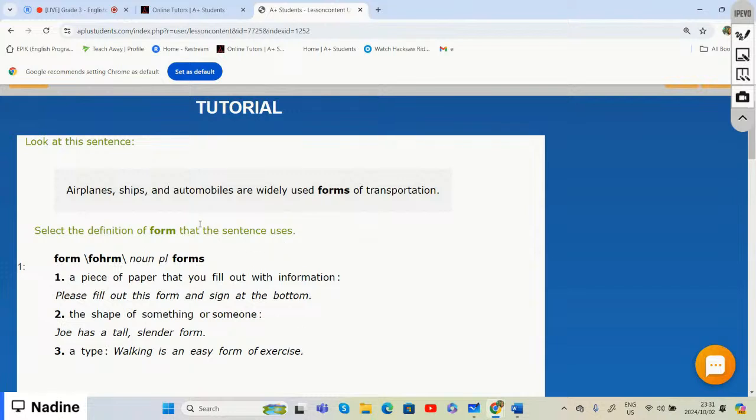The next one says the shape of something or someone. And then the third one is a type. Walking is an easy form of exercise.